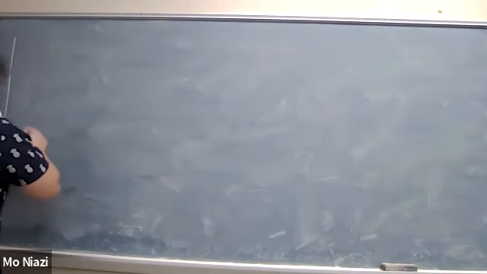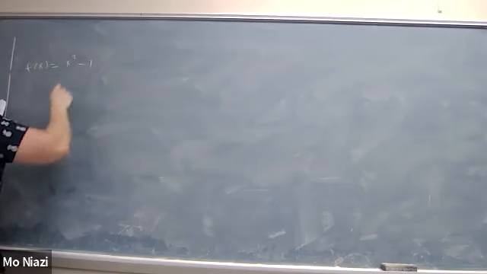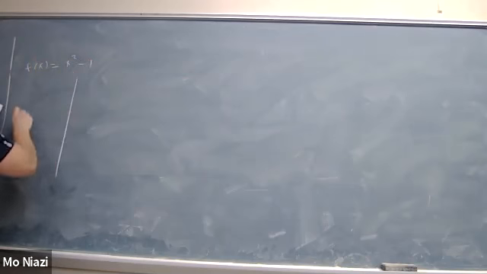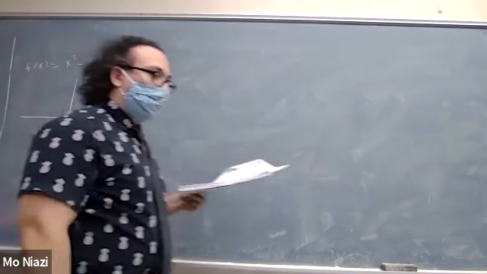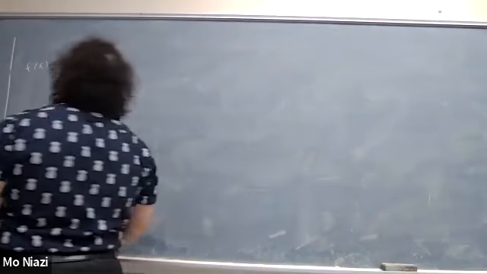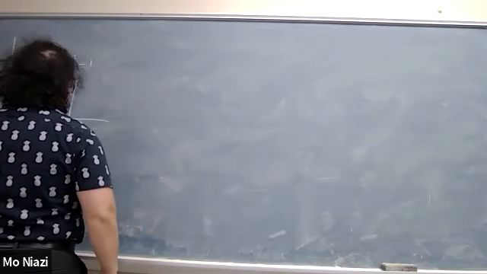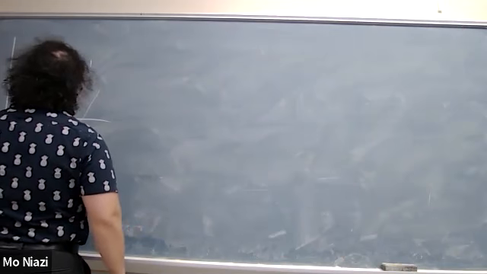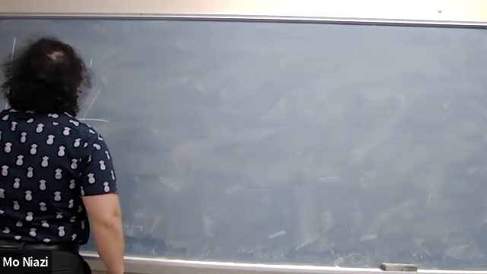So for example, let's take a function. All right. What does this function look like when we graph it? Well, it's a parabola, and it's shifted vertically down by 1.